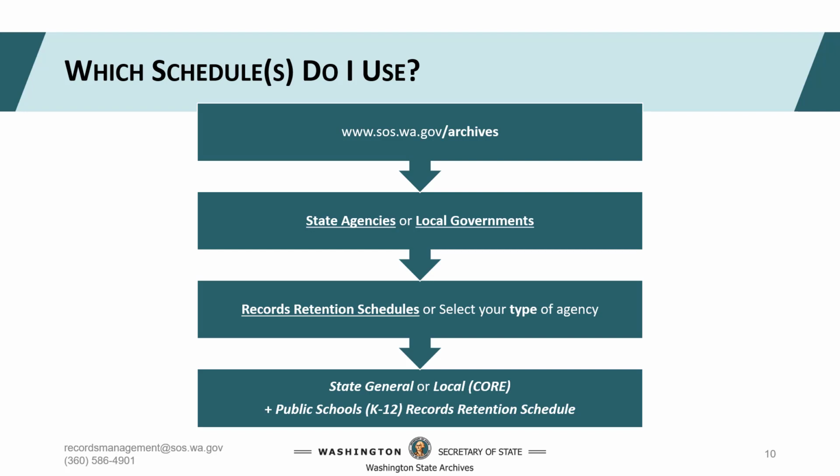It is important to understand the differences between the two general schedules and your agency unique schedules. The CORE or State General Schedule covers the administrative functions all agencies perform. This includes financial management, human resources, asset management, policy creation, and more.